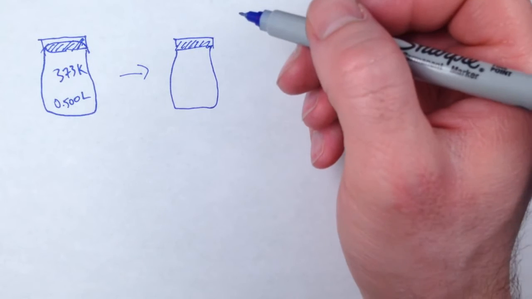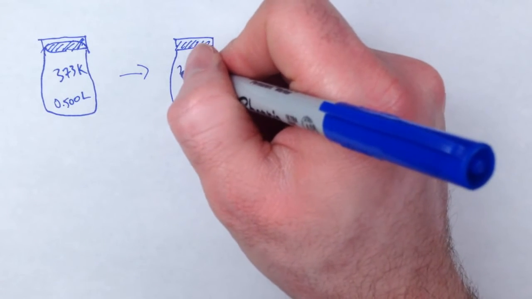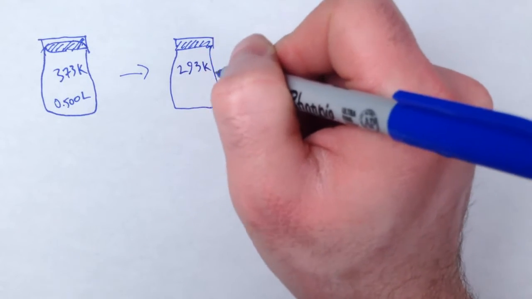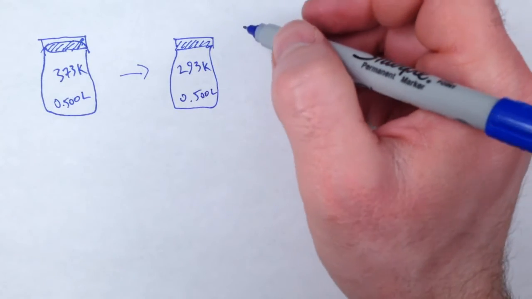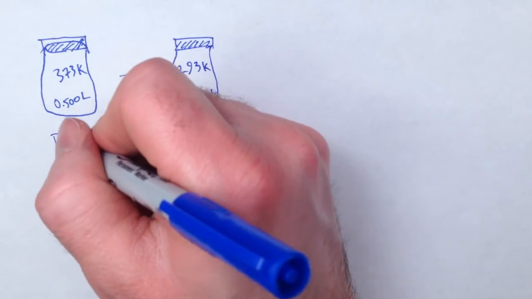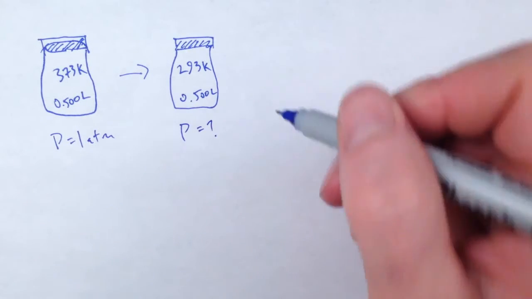Anyway, enough art criticizing. After this cools down to room temperature, it's now 293 kelvins, still 0.500 liters. The question is, if this started out with a pressure at 1 atmosphere, what's the pressure now?